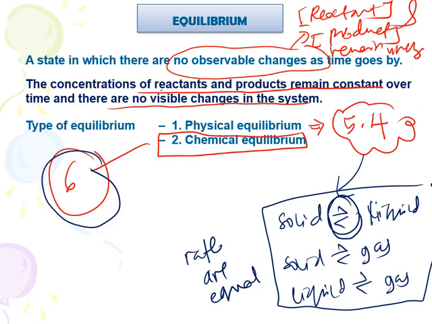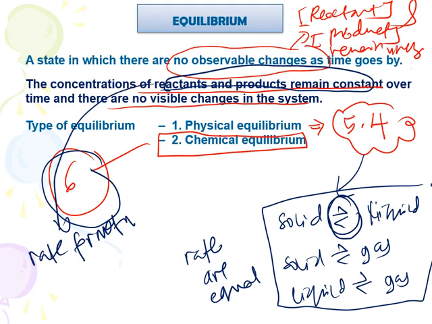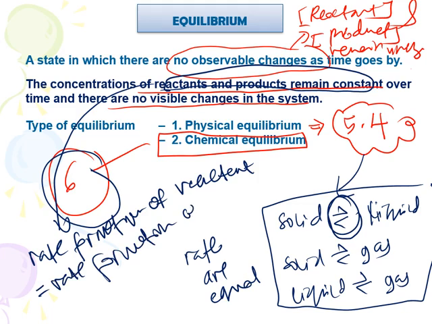Kenapa concentration of reactant and product remain constant over the time? Because the rate of formation of reactant is equal to the rate of formation of product. Itu kita masukkan dengan chemical equilibrium sebenarnya. Kadar pembentukan reactant dan kadar pembentukan produk adalah pada kadar yang sama.